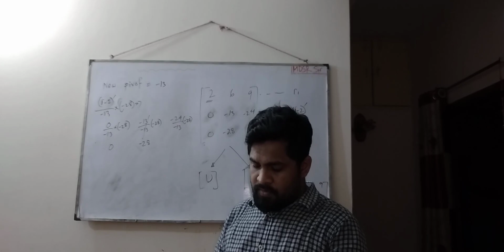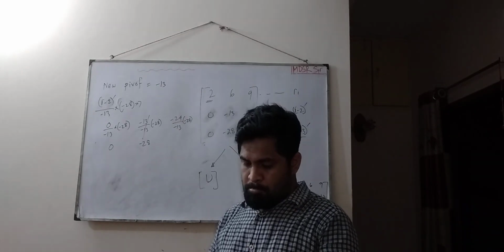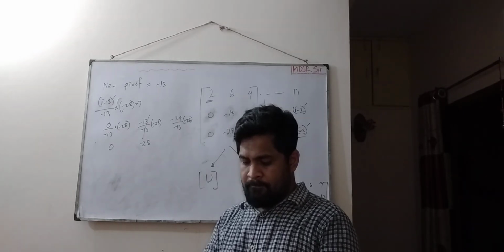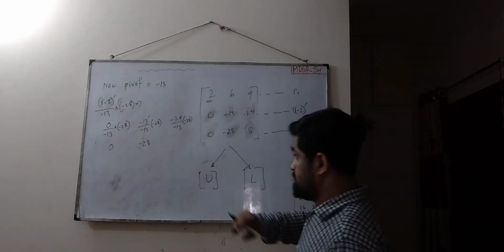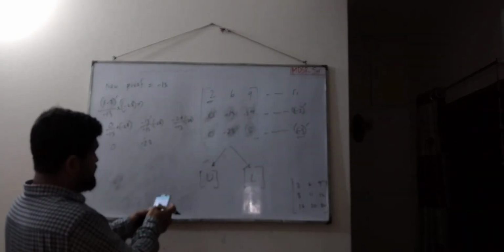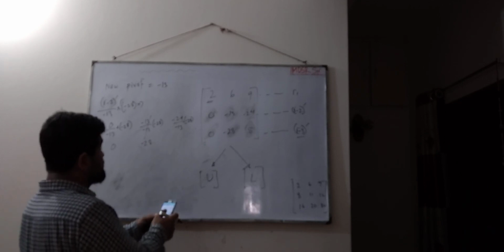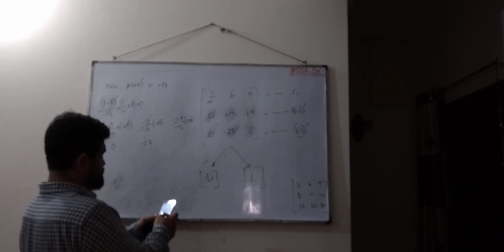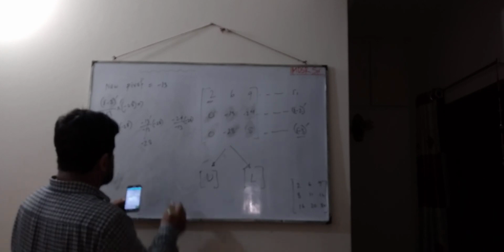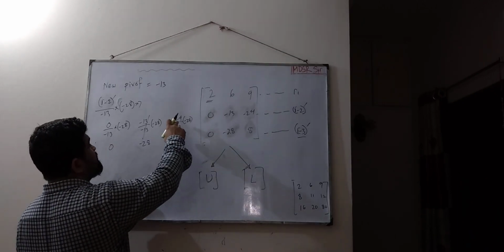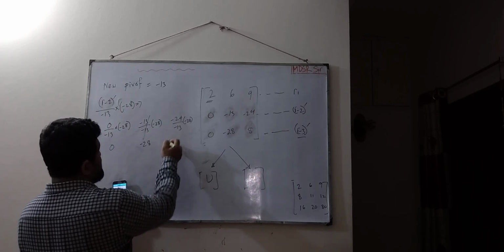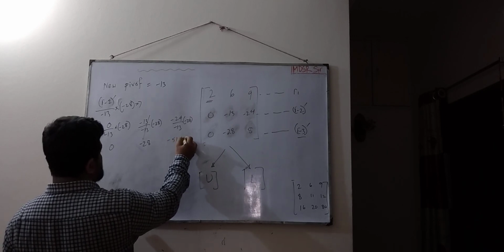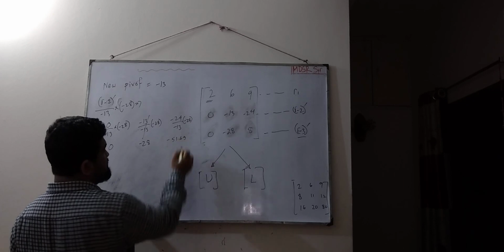Let me try to use this phone. Alright, so here is 24 multiplied by 28 divided by 13. So minus plus minus should be minus 51.69. Two decimal points is good enough.